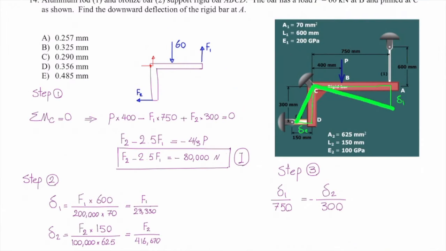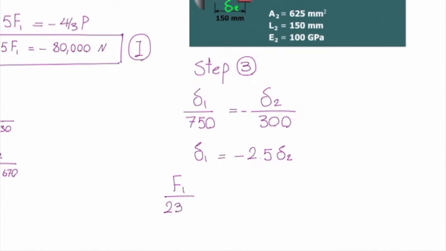All right, so let me simplify this. I will say delta 1 is equal to negative 2.5 delta 2, okay? And I just plug the values into these equations. So that gives me F1 is equal to negative 0.14 F2.